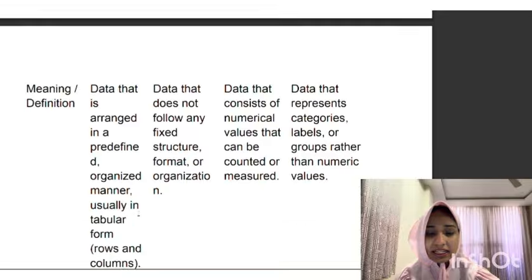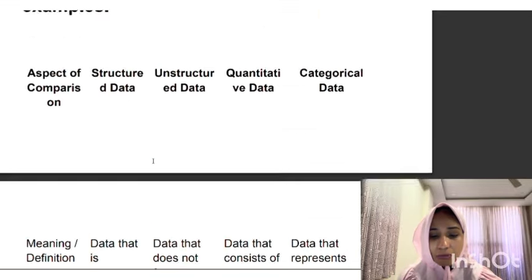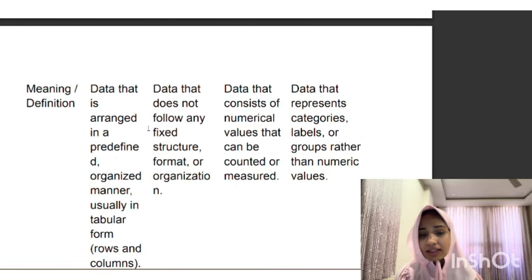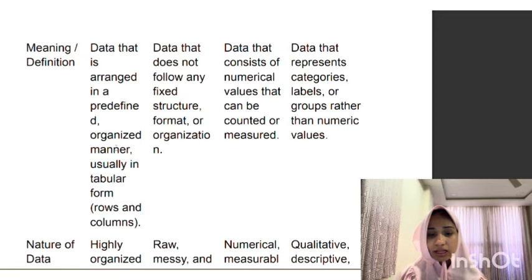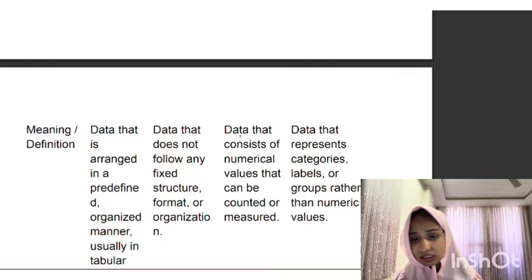Structured data is arranged in a predefined, organized manner, usually in tabular form, rows and columns. And unstructured data does not follow any fixed structure, format or organization.